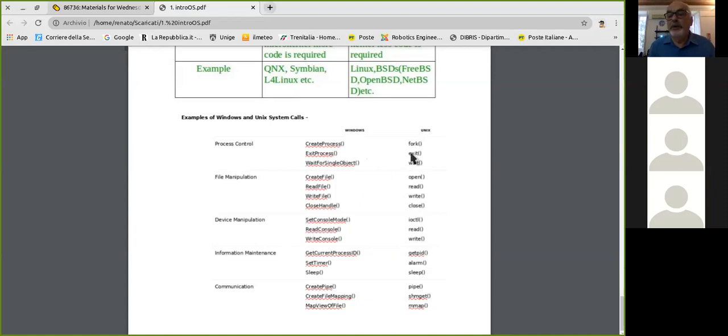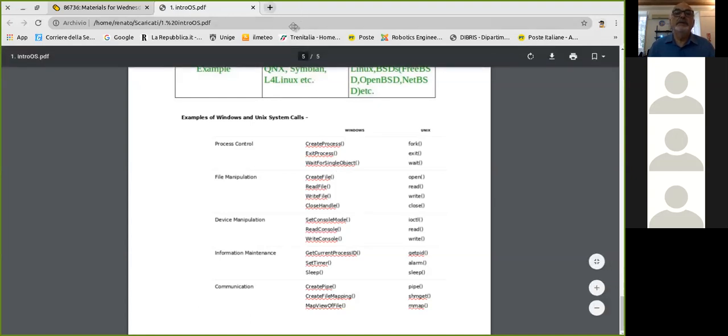So if you want to port a POSIX concurrent program to Windows, you can change the system calls with the Windows system calls, or simply use the POSIX subsystem in Windows that is able to comply directly with all POSIX system calls.